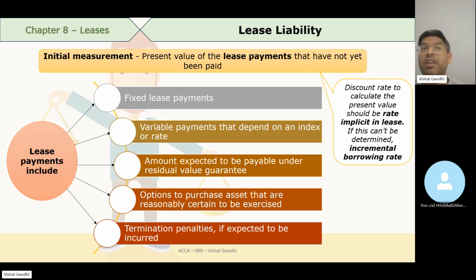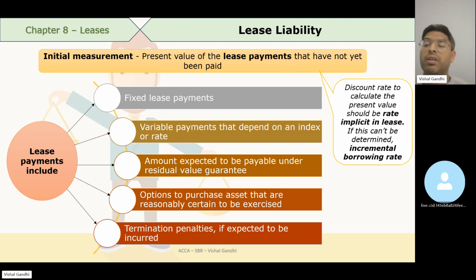What is the incremental borrowing rate? For the same type of asset, for the same duration, for the same amount, what would be the borrowing rate for the lessee? That is the incremental borrowing rate.